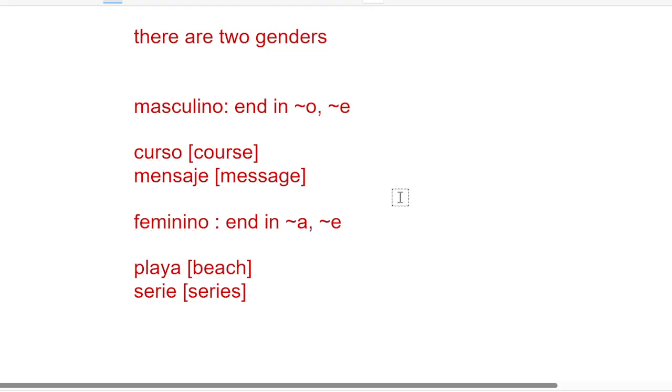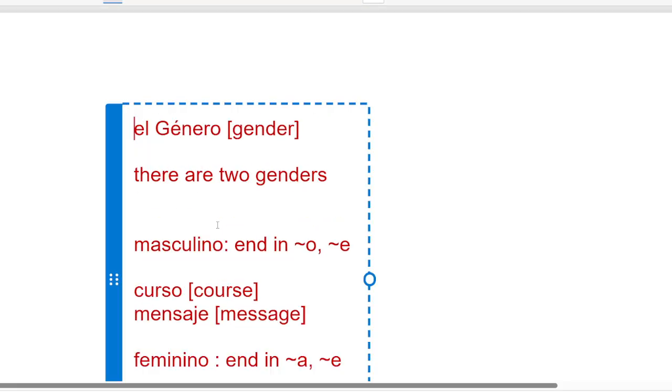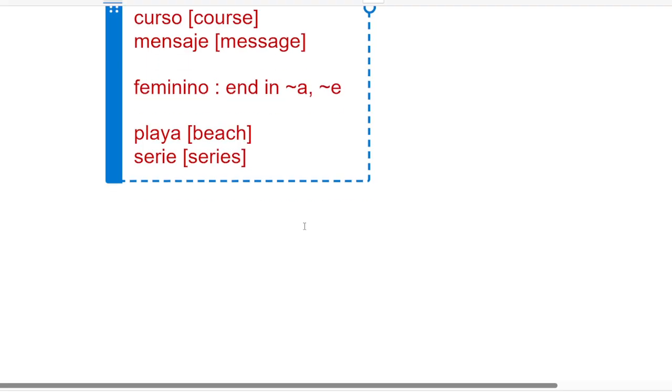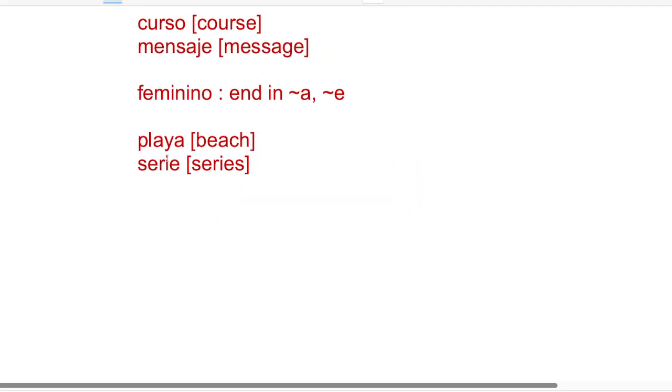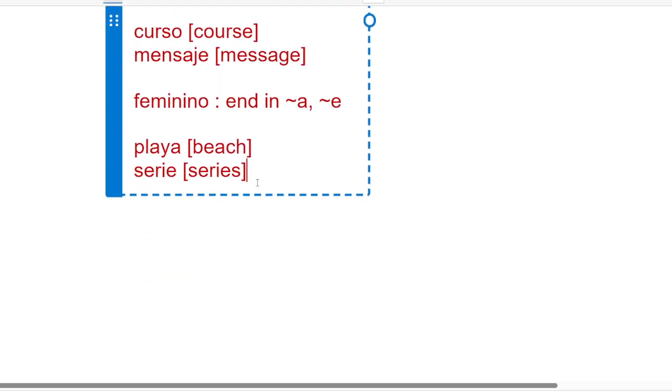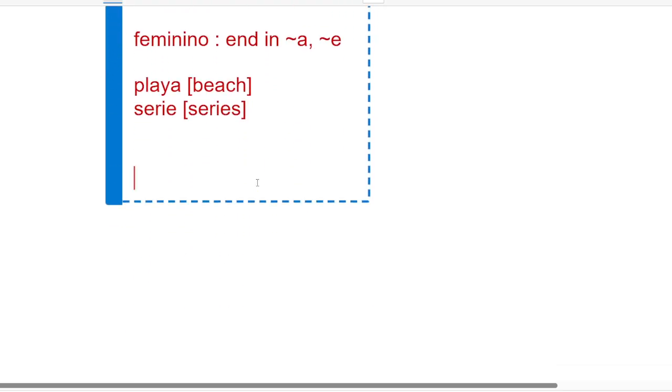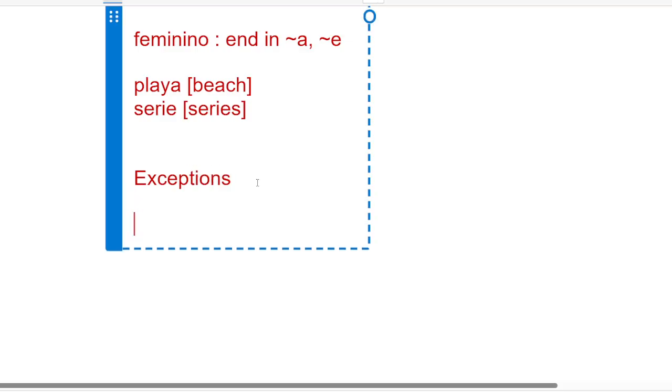Now, based on this, there are also some exceptions. Every time this thing is not going to work. Like if I'm saying that o ending is masculine, a ending is feminine, but there are also some differences. We can say exceptions. Like la mano. So mano is feminine.